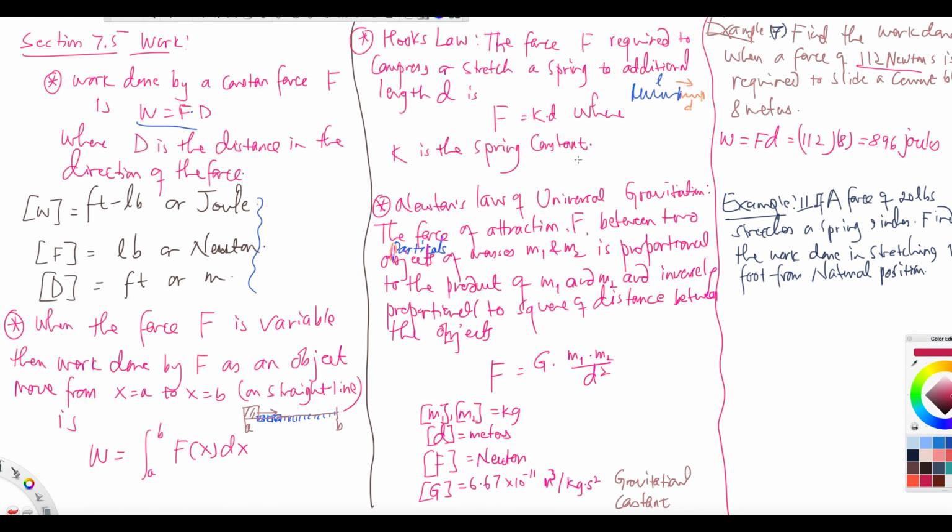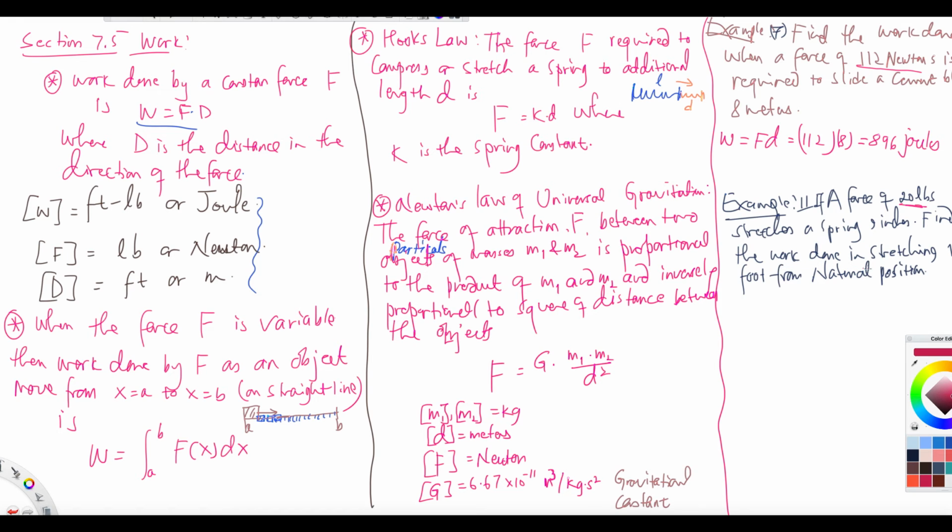In this problem, we don't know the spring constant, right? So we need to find the spring constant, and then we will find the force. What is being said here is that 20 pounds of force is required to stretch the spring 9 inches.